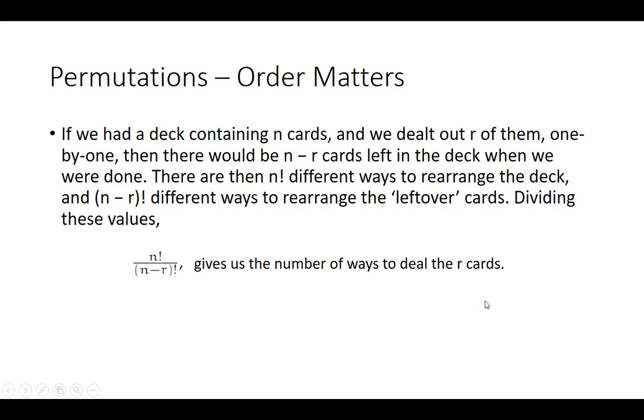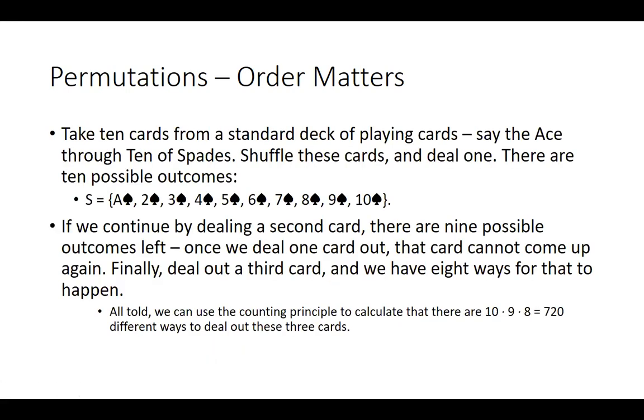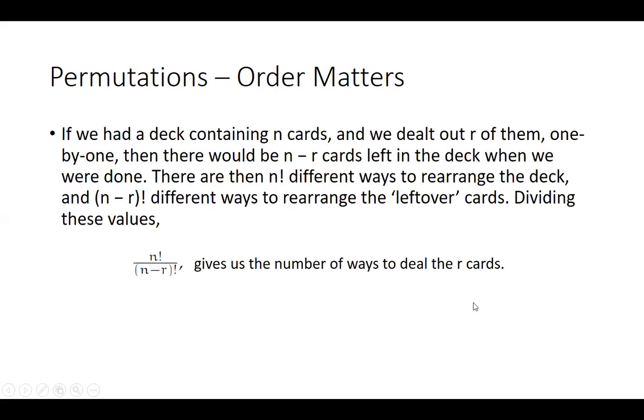So if we go back and look at this calculation that we did, and maybe go back even further and look at the situation, we had 10 cards. We were dealing 3 cards out of those 10. So 10 cards means 10 factorial on the top. Dealing 3 of those cards out means 10 minus 3 factorial on the bottom, and that gives us our calculation.